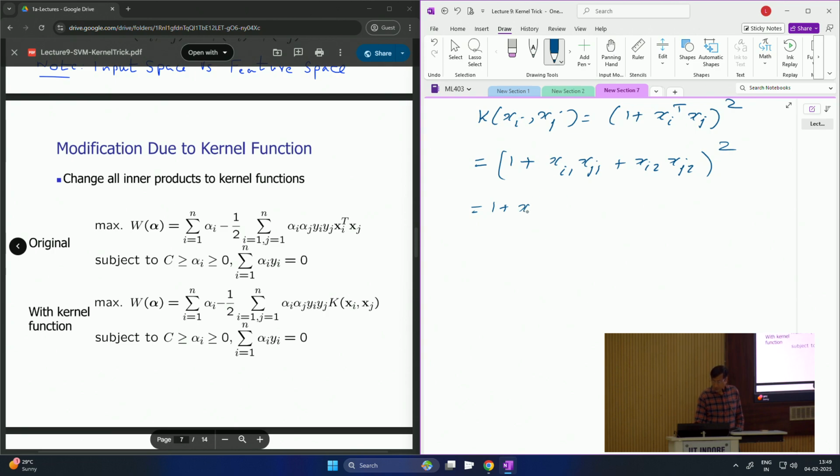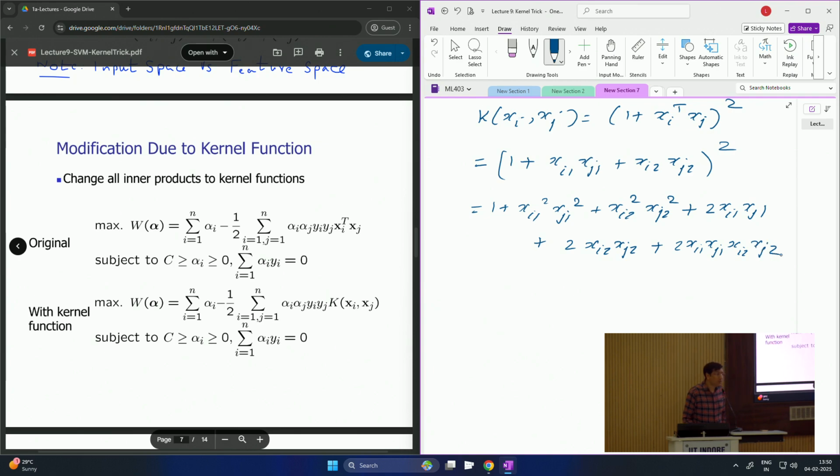So it will be 1 plus xi1 square xj1 square plus xi2 square xj2 square plus twice of xi1 xj1 plus twice of xi2 xj2 plus the product term, twice of xi1 xj1 xi2 xj2. Correct?